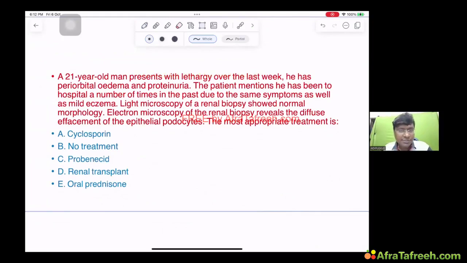A 21-year-old man presents with lethargy over the last week, periorbital edema and proteinuria. Patient mentions he has been to hospital a number of times in the past due to the same symptoms as well as mild eczema. Light microscopy, renal biopsy normal. Electron microscopy, diffuse effacement of epithelial podocytes.